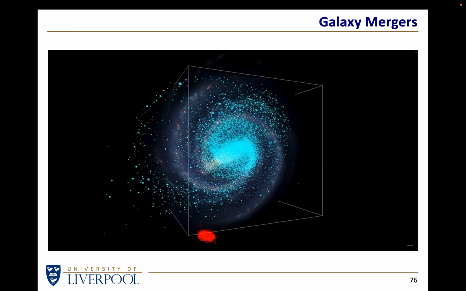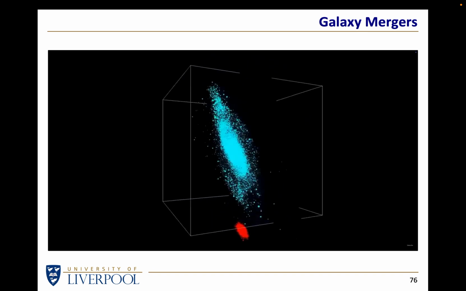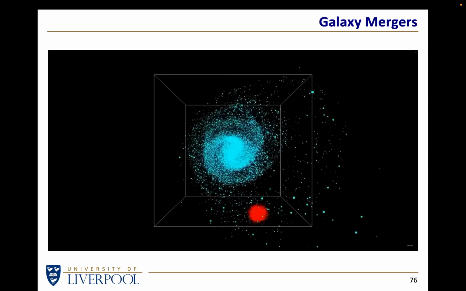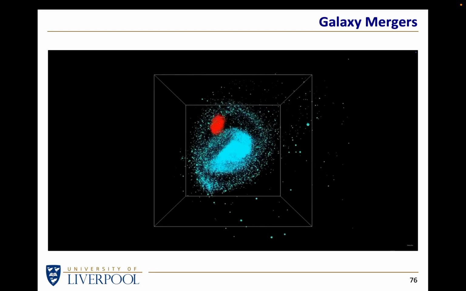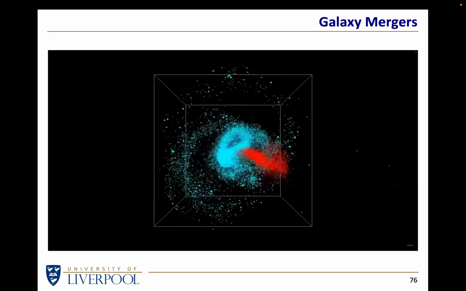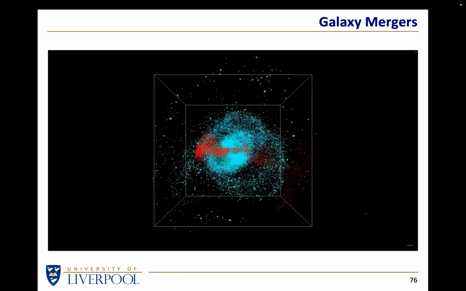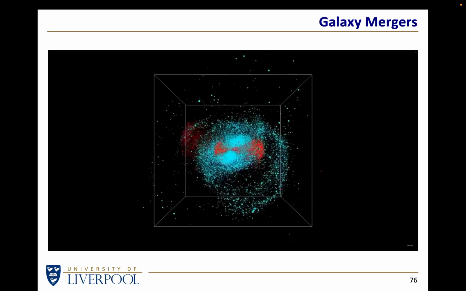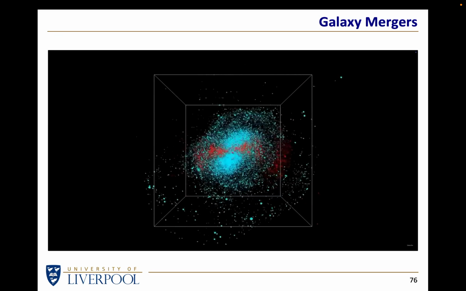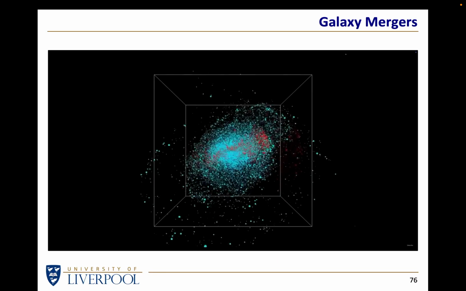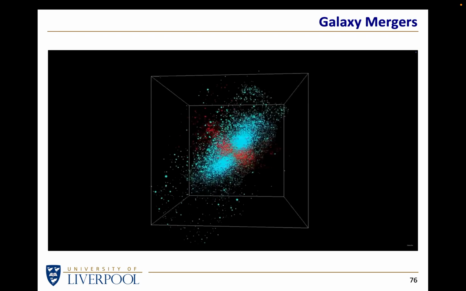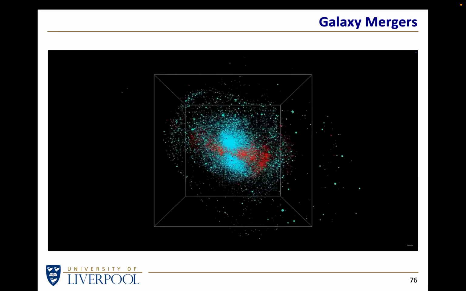This is simply a hypothetical of what might happen when another galaxy merges with the Milky Way. If we think of the original Milky Way being blue and a little dwarf galaxy hitting us, you can see that the dwarf galaxy in red is disrupted and the stars are scattered. But even though tidal effects between the two galaxies tend to rip things apart, even after a little while, it's clear that the red stars haven't been distributed uniformly around the Milky Way.